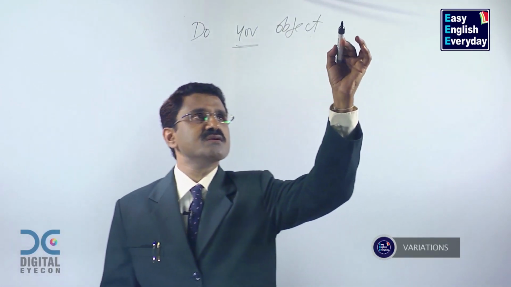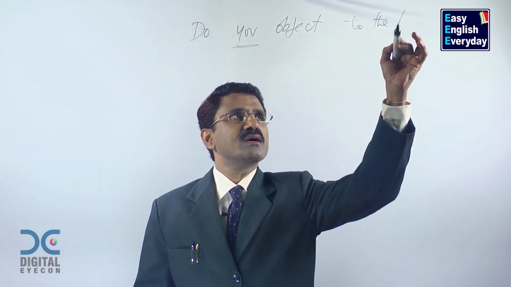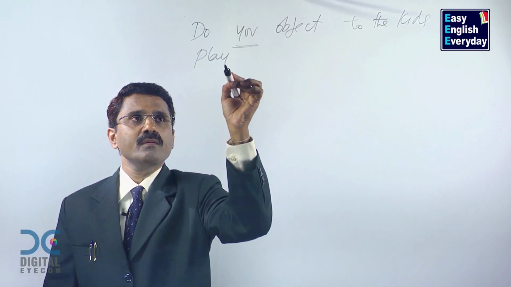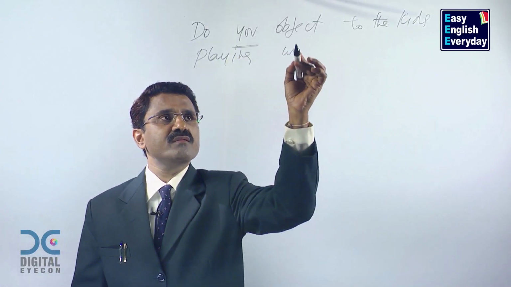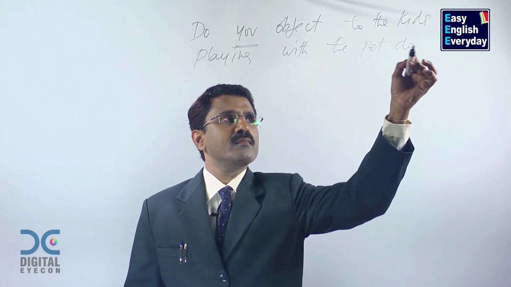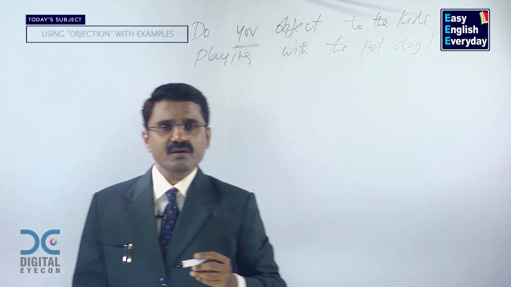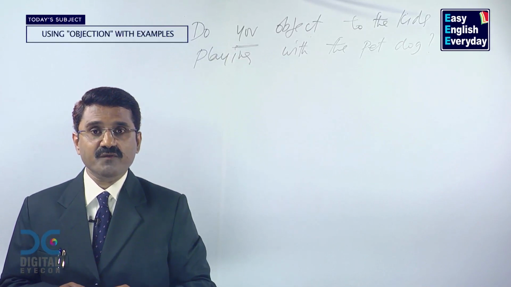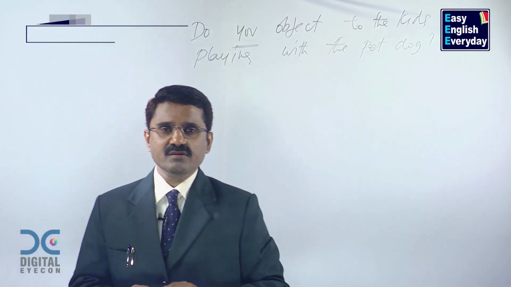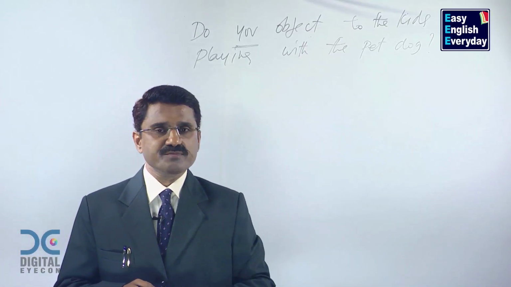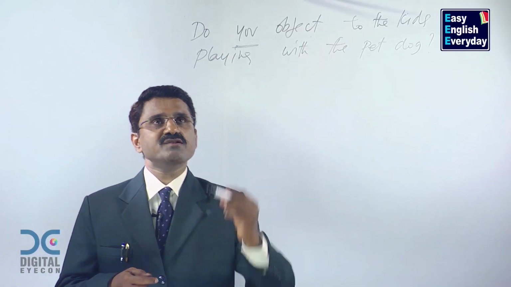Do you object to the kids playing with the pet dog? This is the question. Do you object to the kids playing with the pet dog? Of course, I object to the kids playing with the pet dog. No, I don't object to the kids playing with the pet dog.